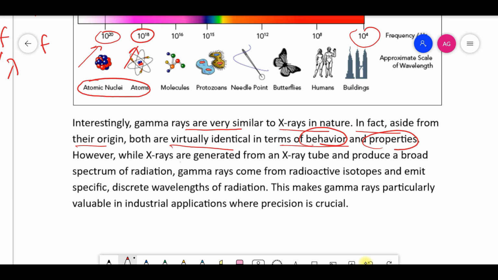However, X-rays are generated from an X-ray tube and produce a broad spectrum of radiation, meaning you see more than one intensity. Gamma rays come from radioactive isotopes and emit specific discrete wavelengths of radiation, meaning you will see a specific wavelength.